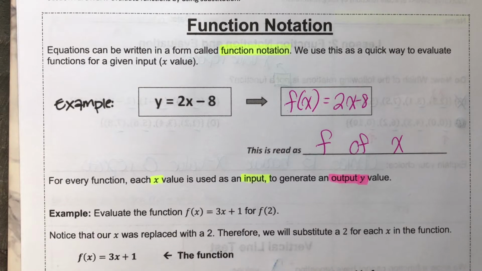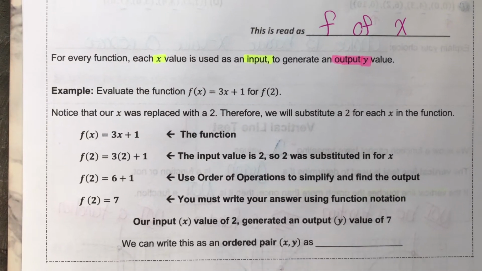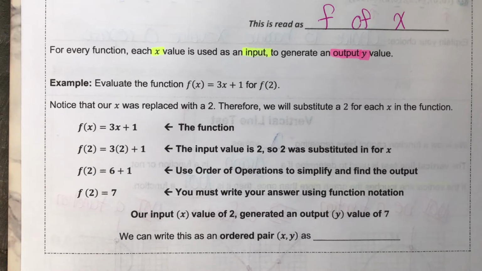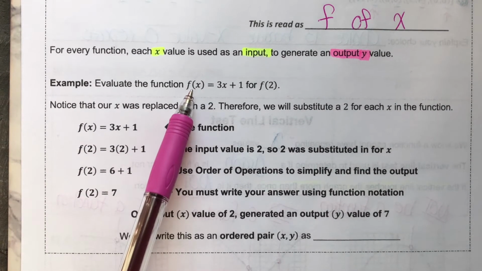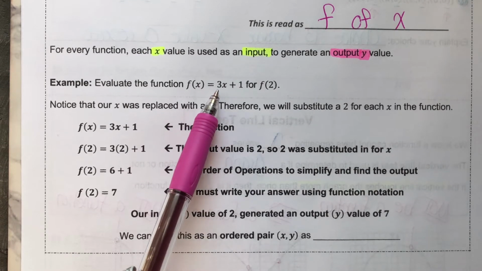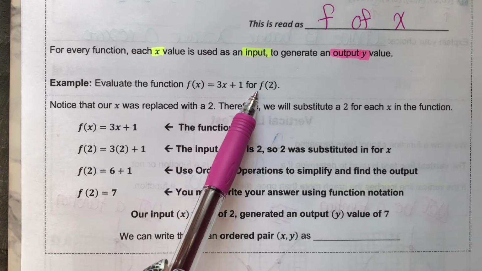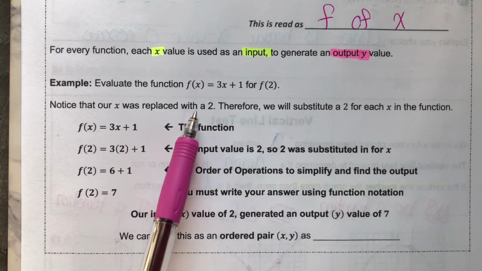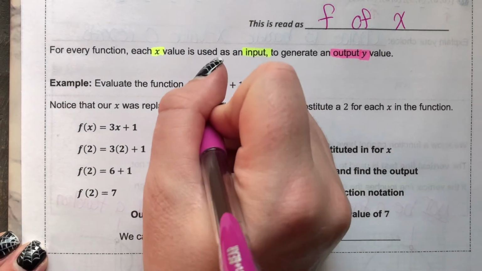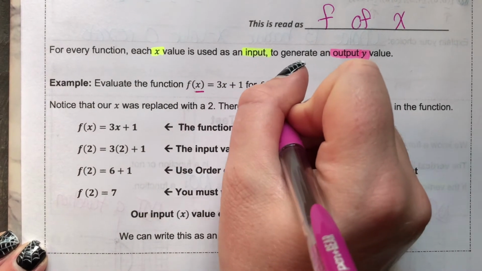As I look at the notes here, slide up a little bit, it says, example, evaluate the function f of x equals 3x plus 1 for f of 2. Notice that our x was replaced with a 2. So instead of writing f of x, they're writing f of 2.